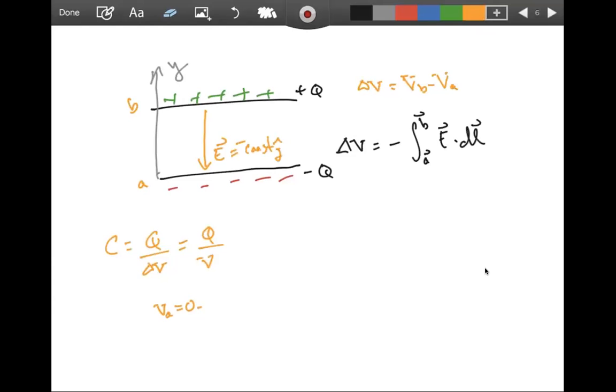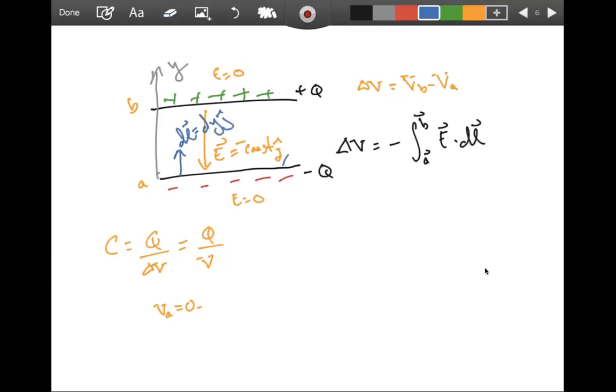My total electric field out here is 0, and down here is 0. My total electric field inside the plates is twice the electric field of one plate. Since my electric field only points in the j hat direction, I write my dl to point only in that direction, meaning my dl vector is equal to dy in the y hat direction.